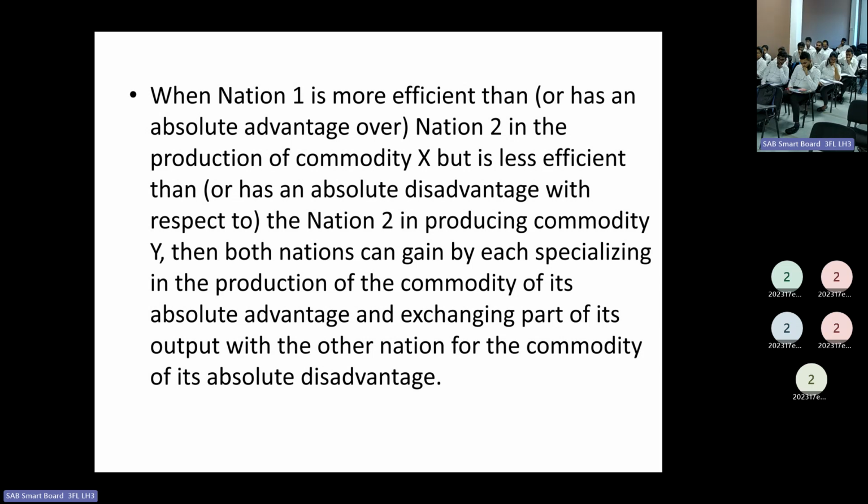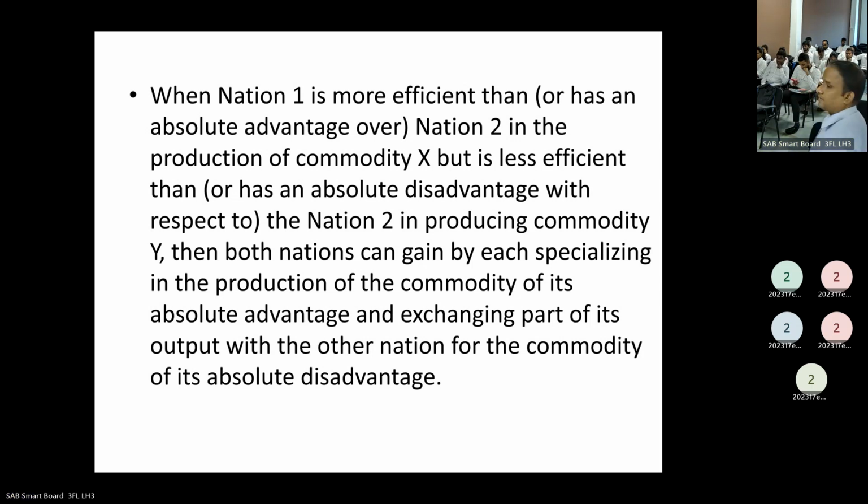If one nation has the absolute advantage, that country specializes in that product, which generates a surplus, and that surplus is exchanged with the other nation. That is the basic idea under the absolute advantage.